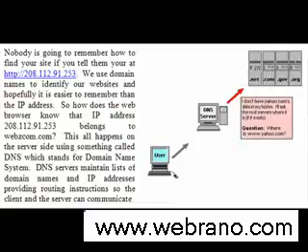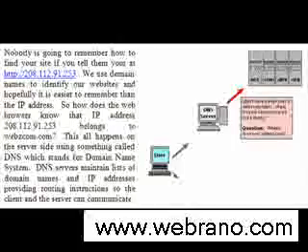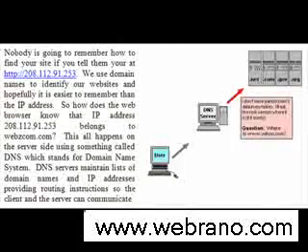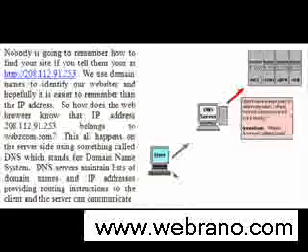Now, nobody's going to remember how to find your website if you tell them you're at http://208.112.91.253. We use domain names to identify our websites, and hopefully it's easier to remember than the IP address. So how does the web browser know that IP address 208.112.91.253 belongs to webscom.com?